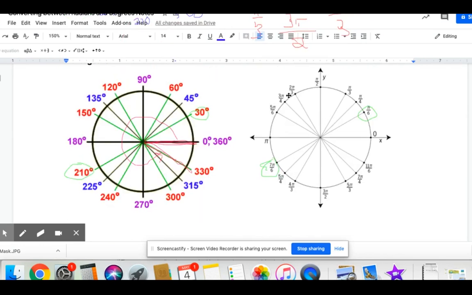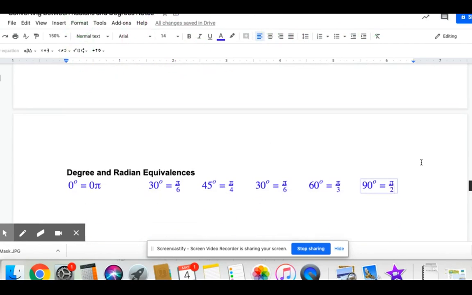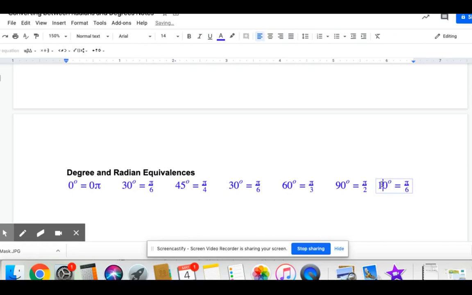Next, I don't want to do this one because for 2 pi over 3, I already know what a pi over 3 is. It just means I have 2 of them. I already know what a pi over 4 is. I have 5 pi over 6s. I know what a pi over 6 is. But here's just a pi at 180. So let's go ahead and add that one in.